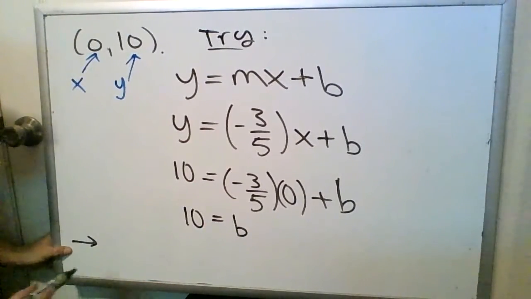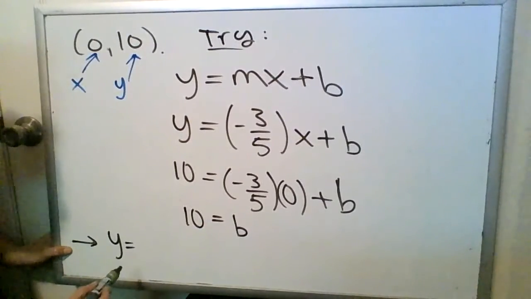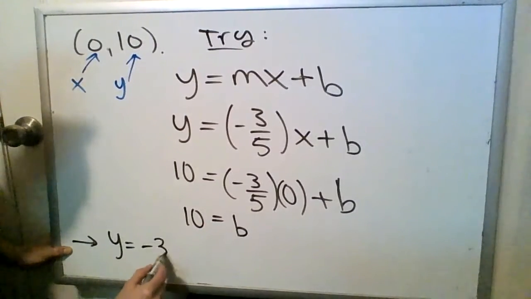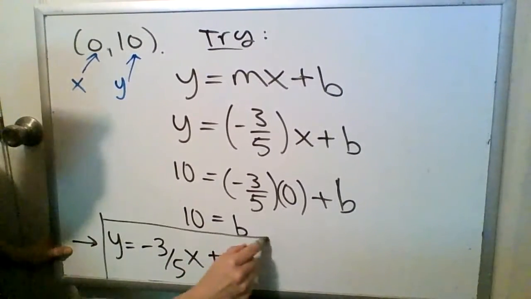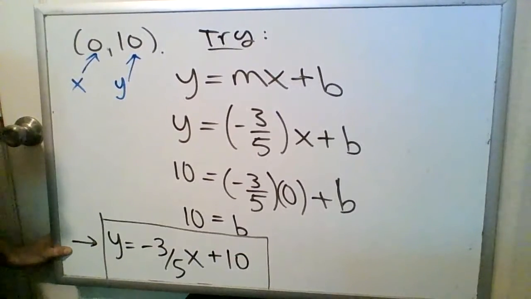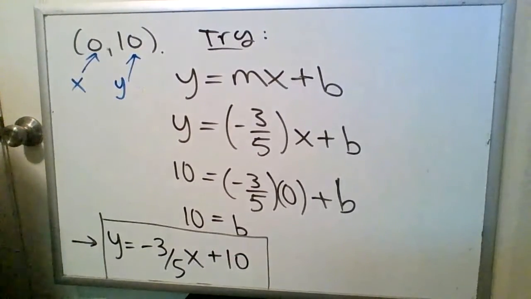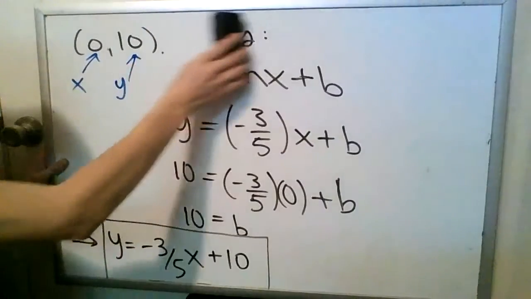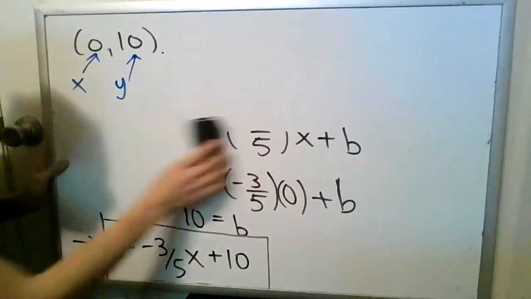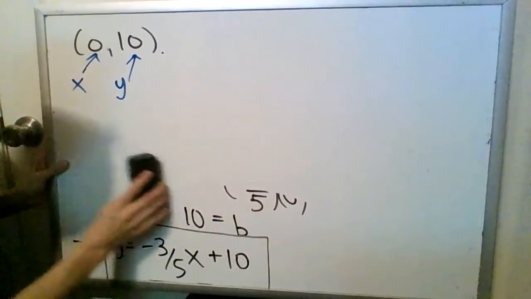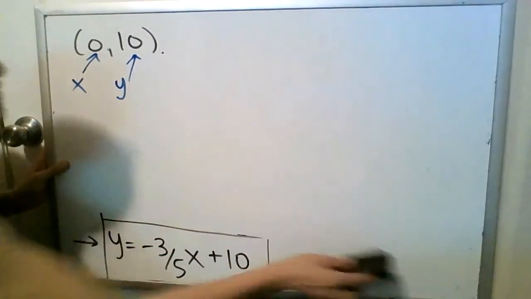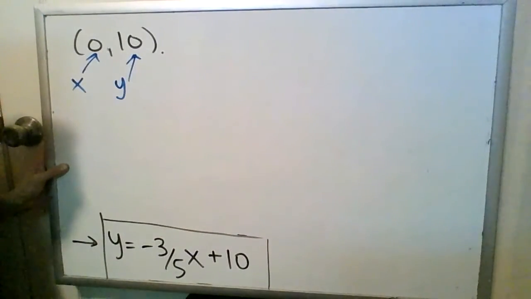So for y equals mx plus b, we have y equal to -3/5 x plus 10. So usually you aren't given the slope, like most questions will give you 2 points, which means you use those points to find the slope, and then you use one of the equations to find the line. And I like to use y equals mx plus b.